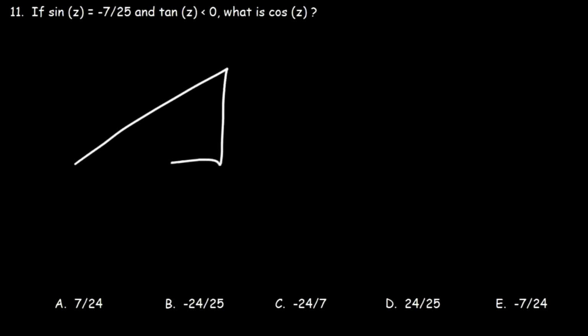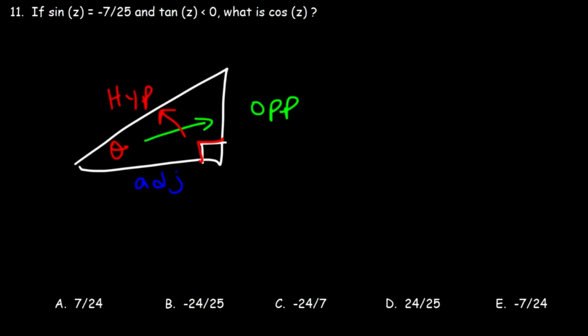Now let's say we have a right triangle, and we need an angle. Relative to this angle, this side is opposite to the angle. This side is next to it, so it's adjacent. The hypotenuse is always across the 90-degree angle. So this is the hypotenuse.